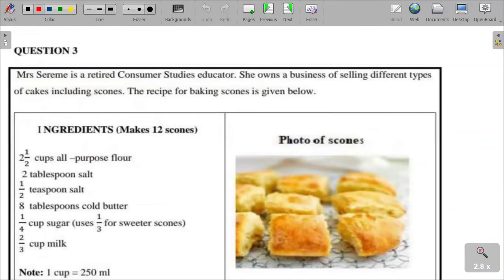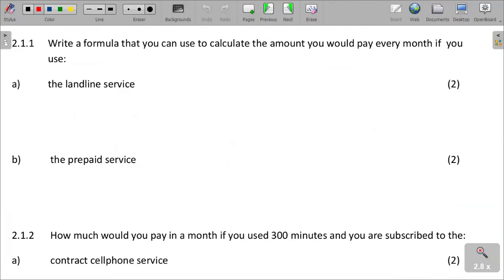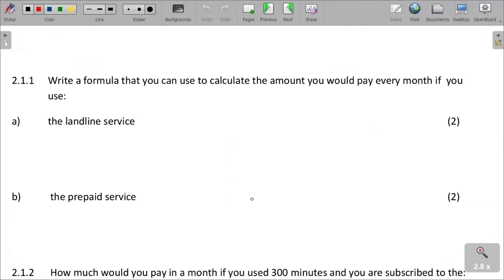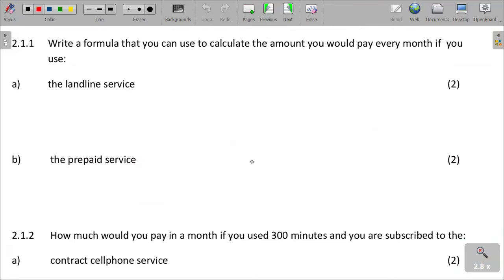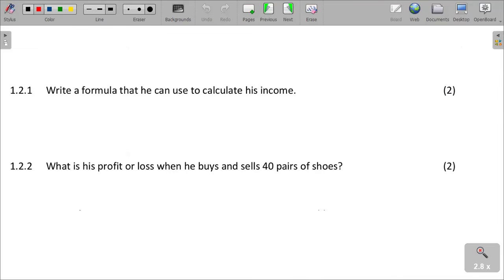We are going to calculate some form of recipes in terms of business baking and so on. We are going to work on some form of cost charges, contract line versus prepaid. We are going to work on some calculations of financial statements or financial documents.